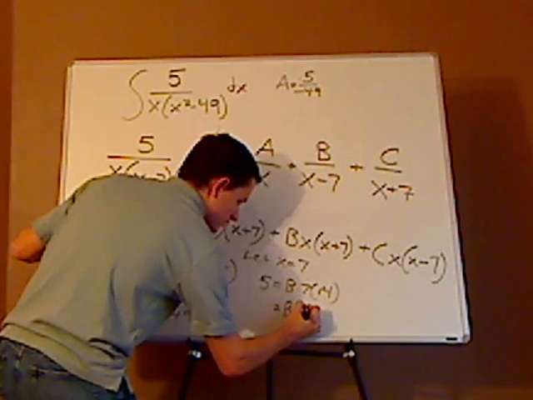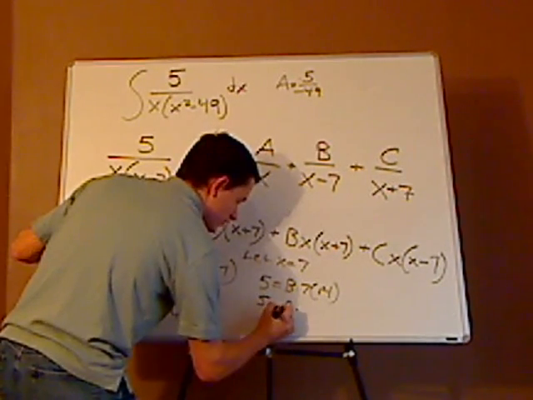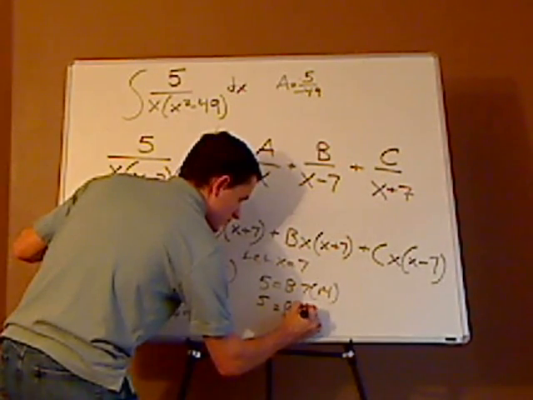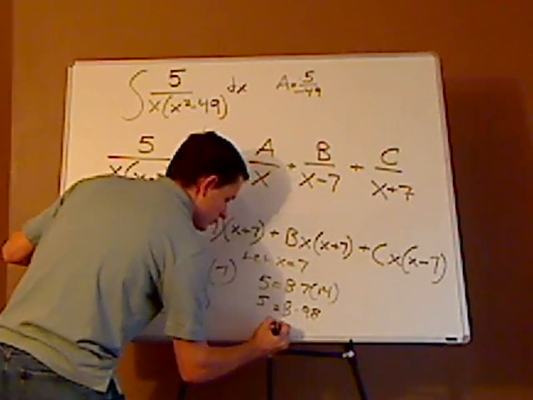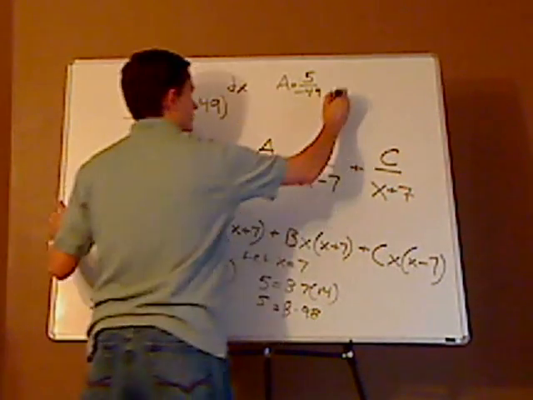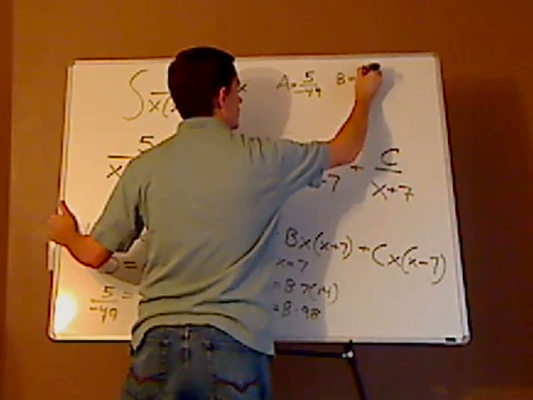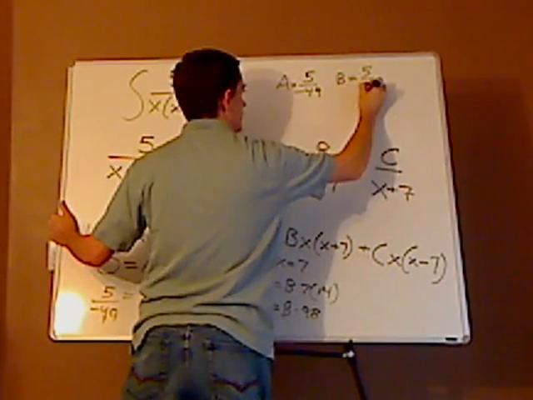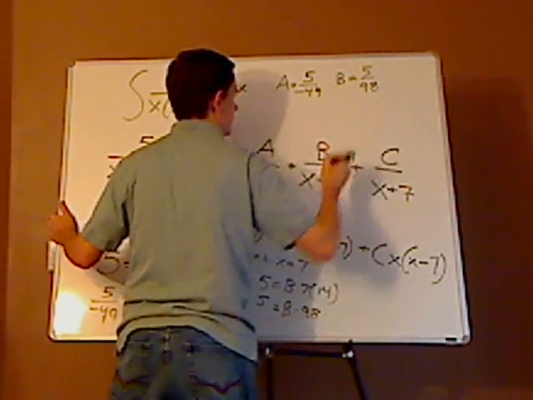So 5 equals B times 98, so B equals 5 over 98.